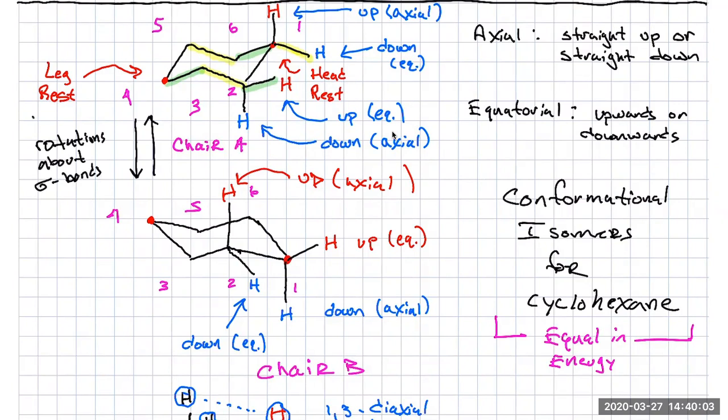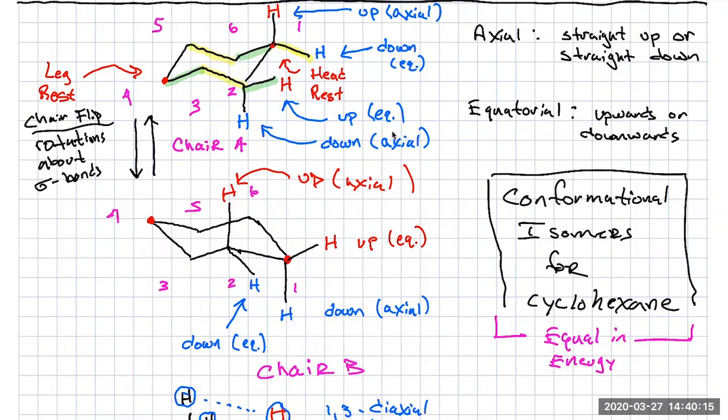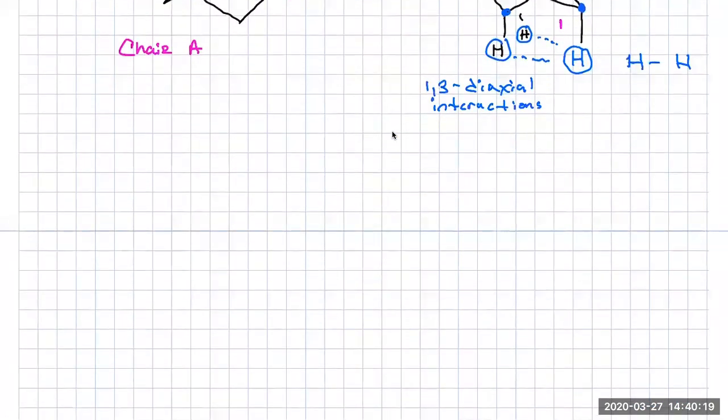And so chair flip implies a conformational change. So these are conformational isomers.